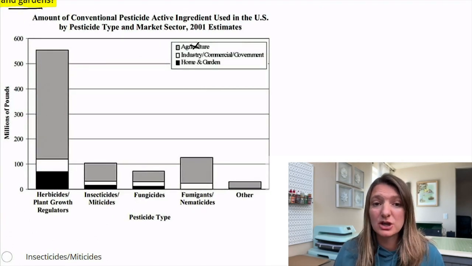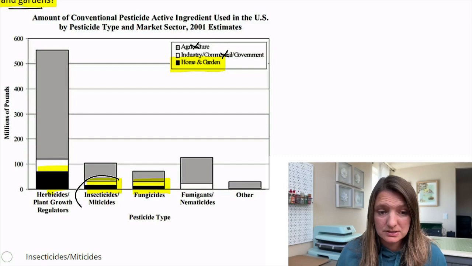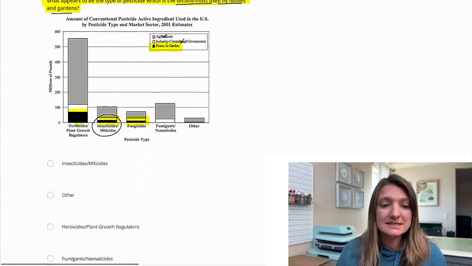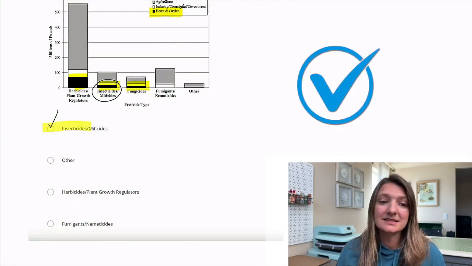We need to ignore agriculture and we need to ignore commercial government, so that gray and that white block we need to ignore. We need to just focus on that black block, which is not negligible in the other two categories. We are looking for that second most. That's going to be that middle one right there, insecticides and miticides. So our answer is going to be A, insecticides and miticides.